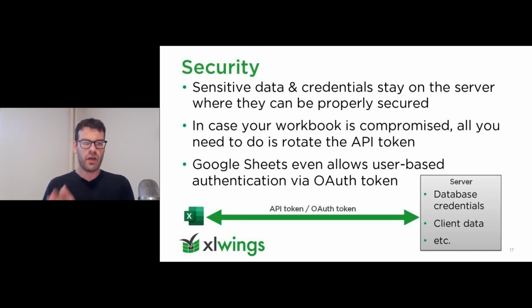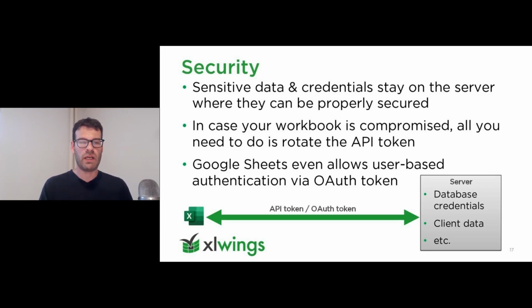In turn, if you go for the remote system here, the remote interpreter, what happens is that the Excel workbook, whether that's in the cloud or local, communicates with the backend with just a token. And a token can be application specific, can be for all users, it can be for a specific user.